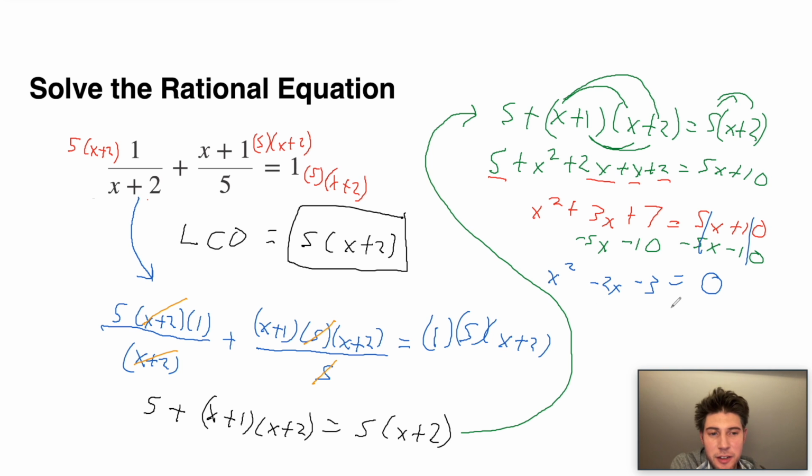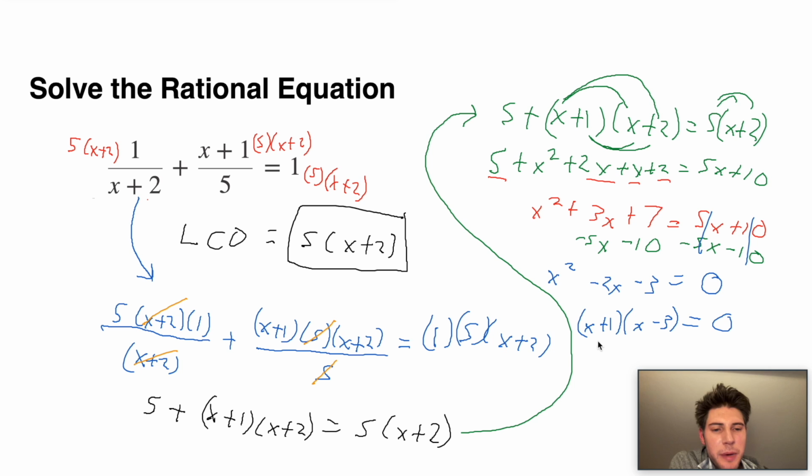Now I need to factor. In order to factor, I need two numbers that multiply to negative 3 and add to negative 2. Those two numbers are negative 3 and positive 1. If this step right here, where I went from this trinomial and factored it, didn't make sense, I'll include a link up above for a video that explains that.